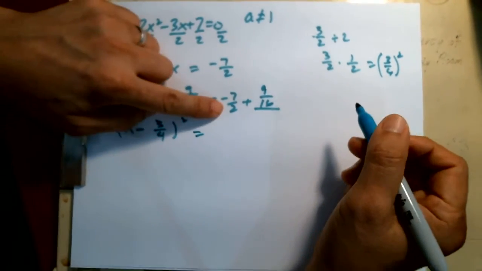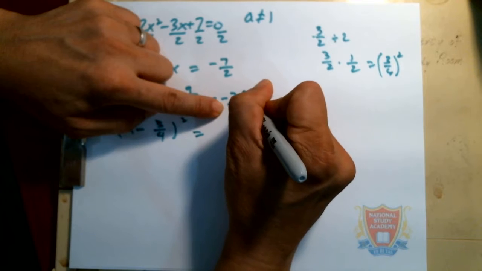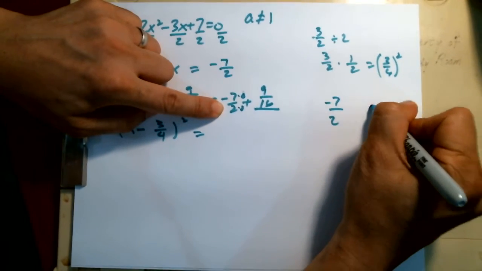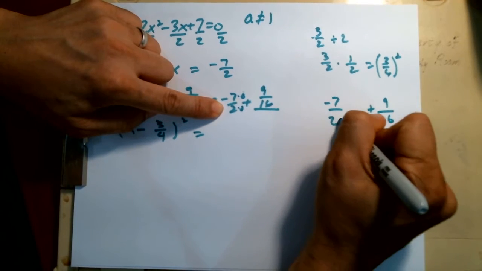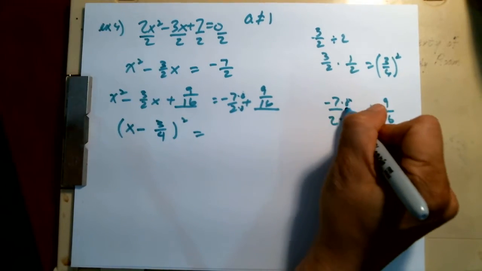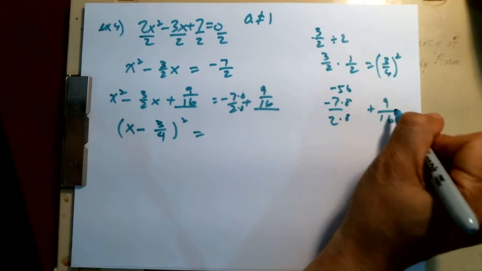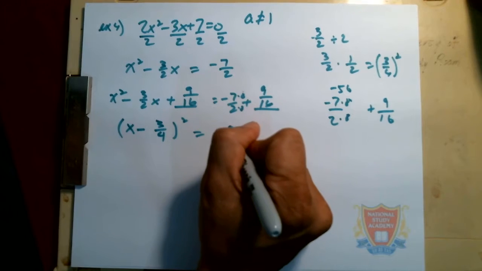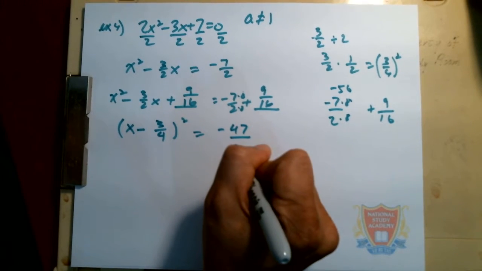Equals, I'm going to multiply by 8, multiply by 8, equals negative 7 over 2 plus 9 over 16, multiplied by 8, multiplied by 8. 8 times 7 is negative 56, plus 9 is negative 47 over 16.